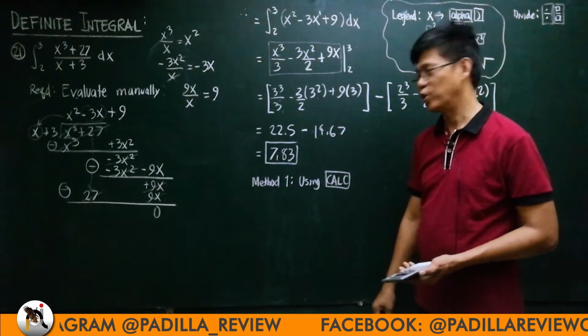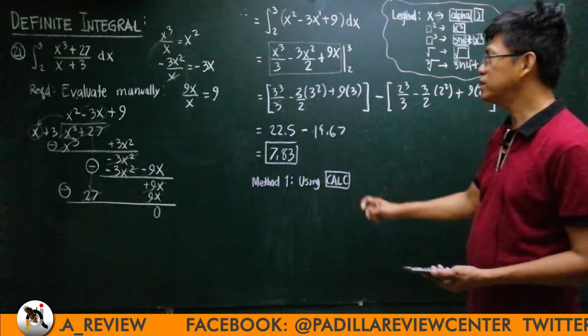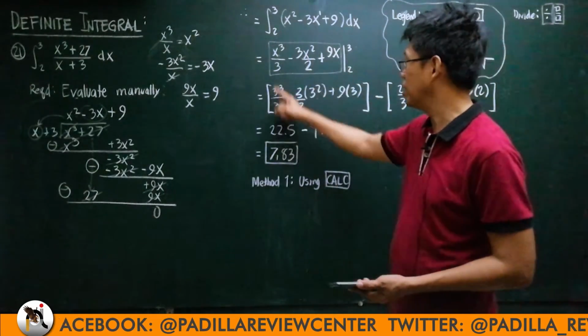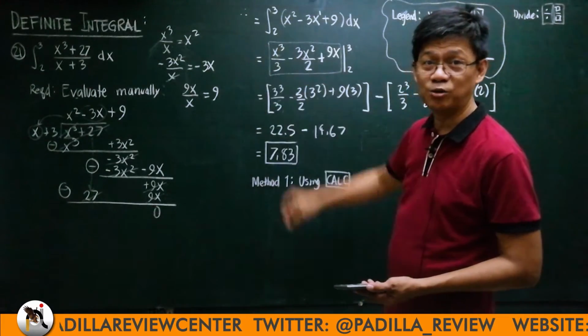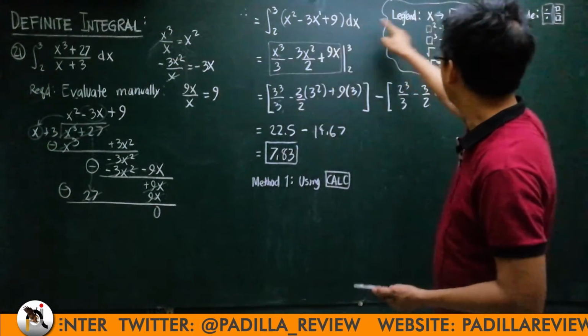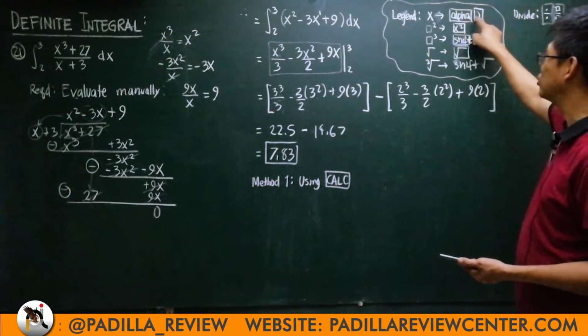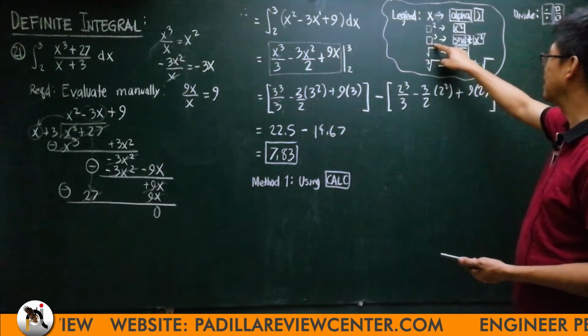Using the calc, input this in your calculator. You press x cube. How do you press x cube? Alpha close parenthesis for x, then shift x squared.